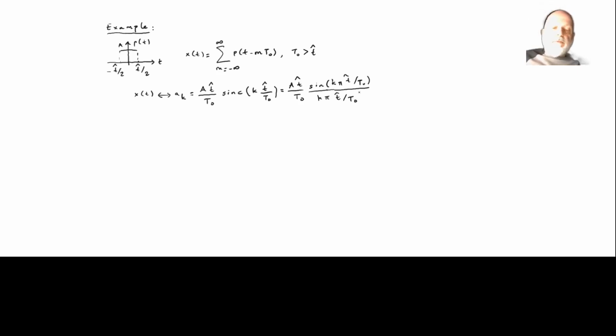Okay, now how can we obtain the derivative of x of t? Now the signal x of t is the periodic extension of P of t. Therefore, the derivative of x of t must be related to the derivative of P of t. So let us look at the signal which is defined as the derivative of P of t.